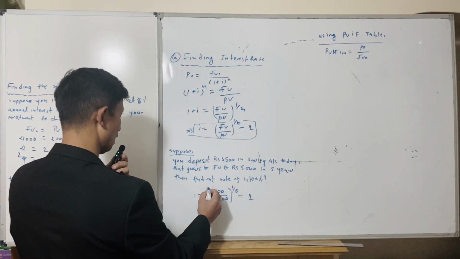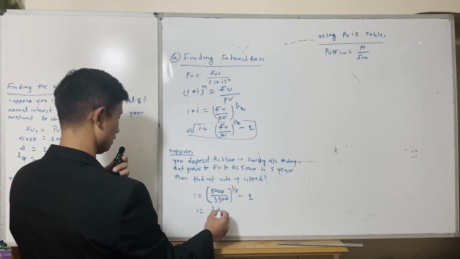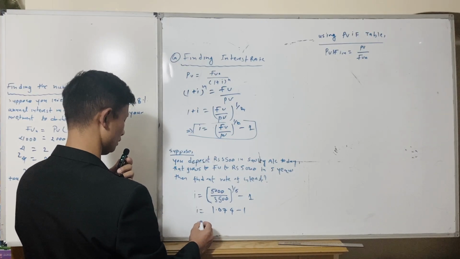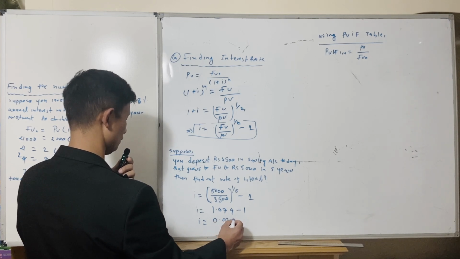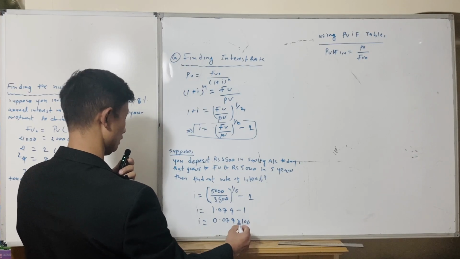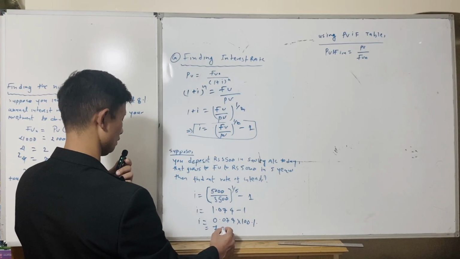In our calculator we get 1.074 minus 1, so interest is 0.074. If you multiply by 100%, it is 7.4%.